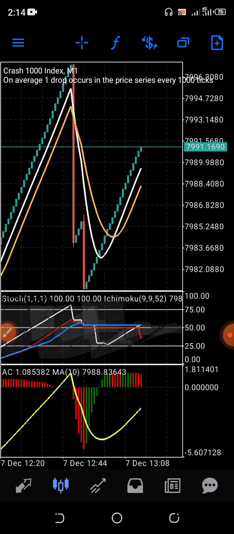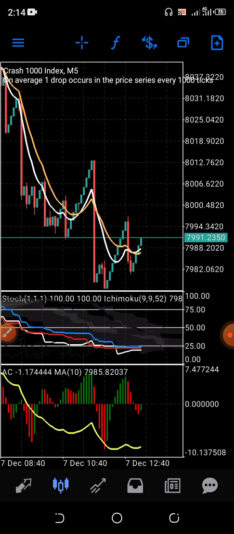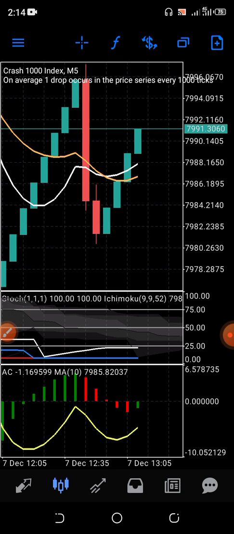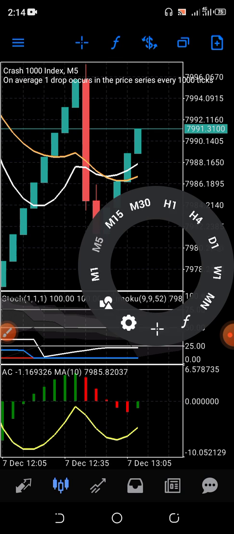But once you have started seeing this red, before you enter the market, if you are doing scalping, go to the 5 minutes time frame. Number one, it's a secret. Not everybody can tell you this, because please listen.